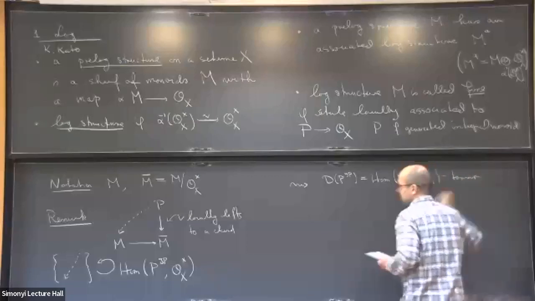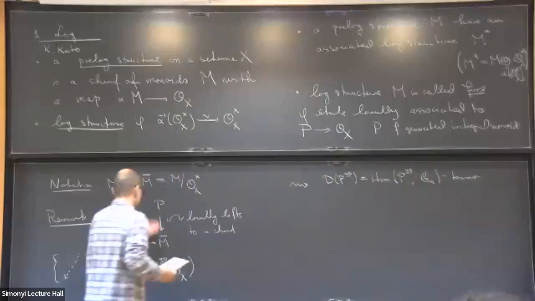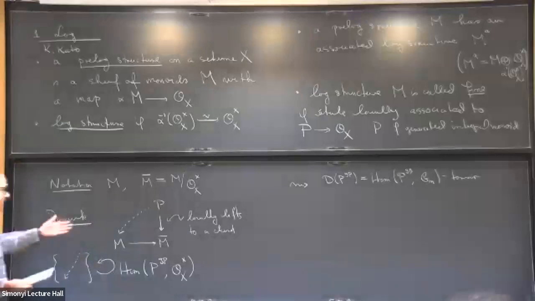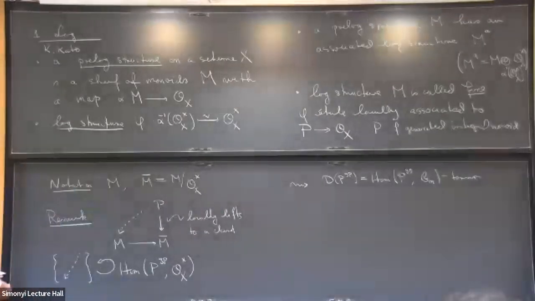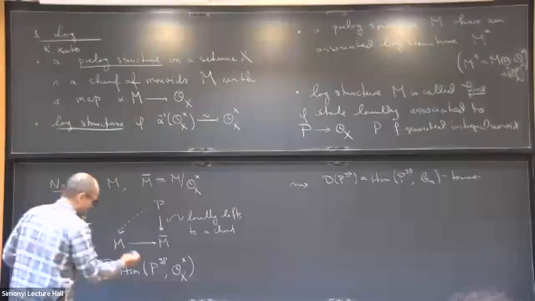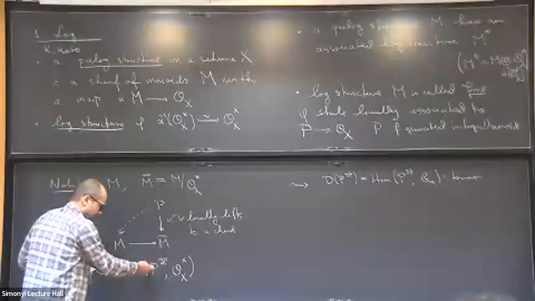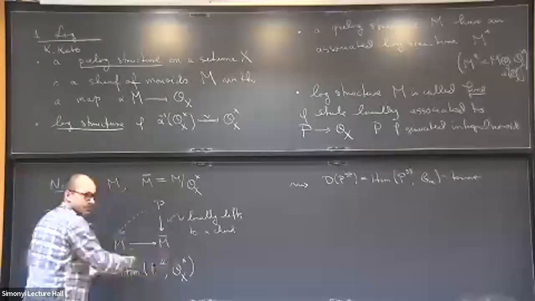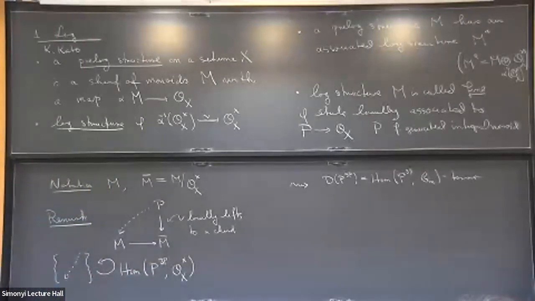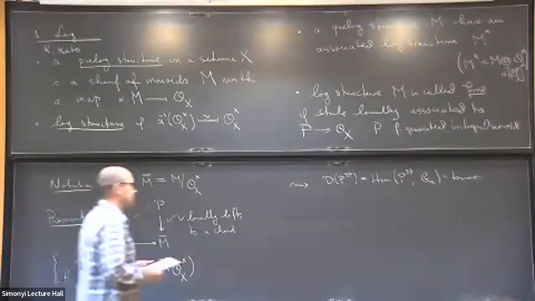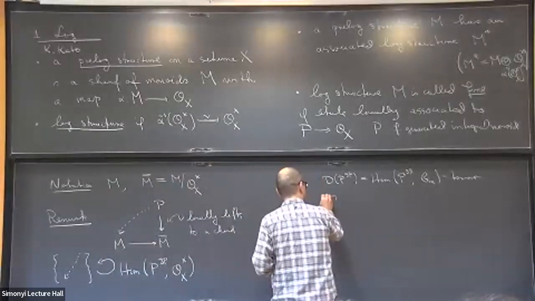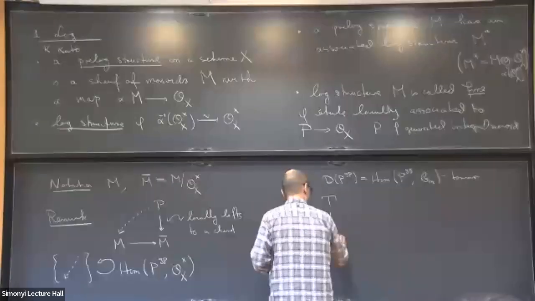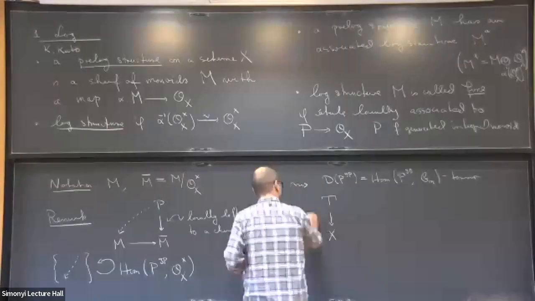So if I start with M to M bar and the P, then out of it I get a torsor under that group scheme, which in the typical case will just be Z to some rank r, so these are copies of G_m. And so you get a torsor T to X.